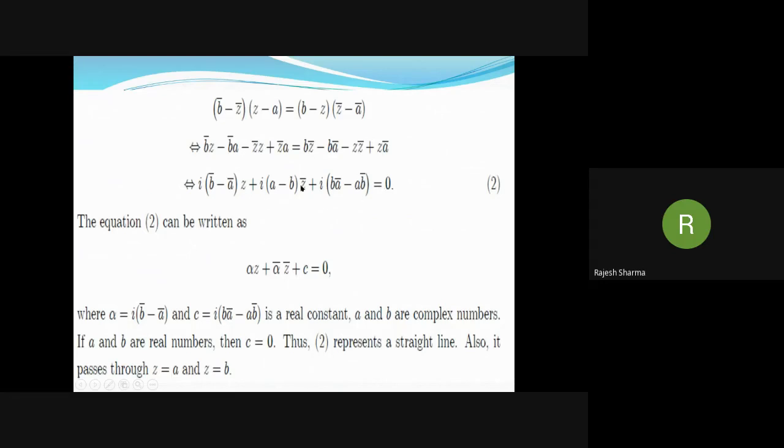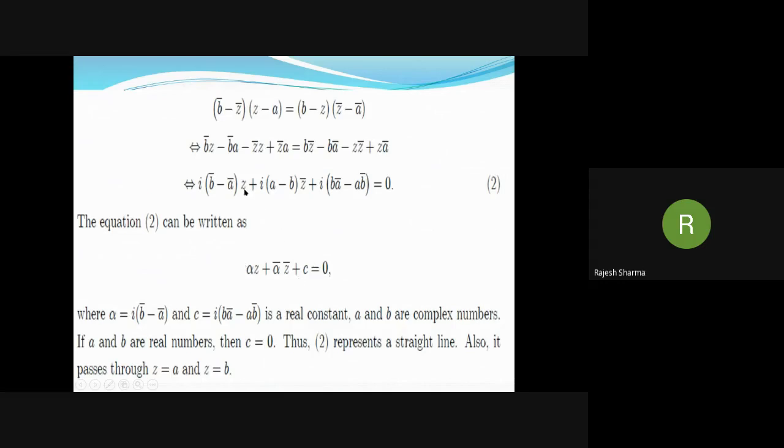Now note that the coefficient of Z bar is the conjugate of this expression. So if we write this as alpha, then this is alpha bar. And note that this is purely imaginary, and on multiplying with iota we get a real constant C. And this is the standard equation of a straight line.